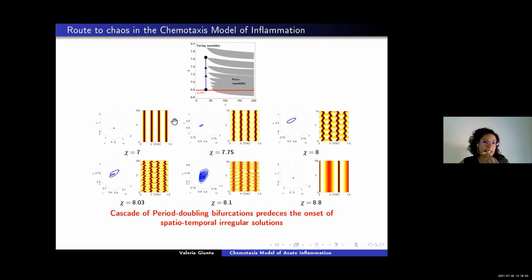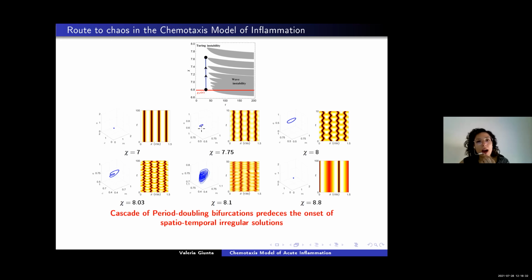After the expected Turing pattern, by increasing chi, we have seen that the Turing pattern begins to oscillate, but these oscillations are not expected. And here on the left, I show the temporal evolution of the solution at a fixed point of the space domain in the space M, C, and A.